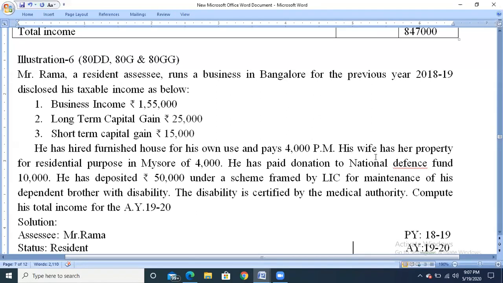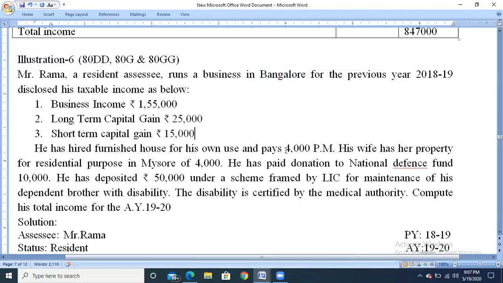His wife has her property for residential purpose in Mysore of rupees 4,000. So here the assessee is paying the rent of rupees 4,000. If you check the problem, he is staying in Bangalore, and in Bangalore he is paying rupees 4,000 per month for the house property.